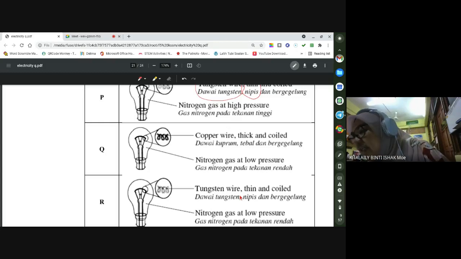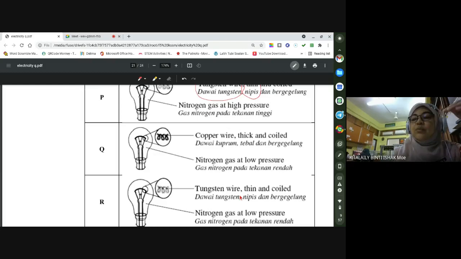Okay, low pressure carries heat away from the filament. So we need a low pressure gas so that heat can be pulled out from the filament. Yes, very good. And lastly, from the 5 filaments, which one is the best?